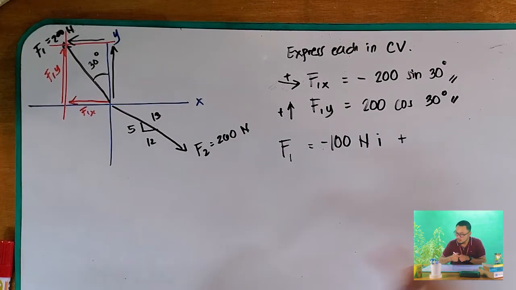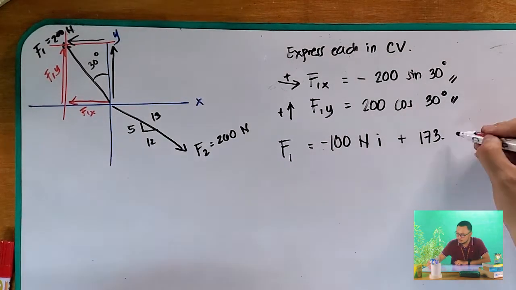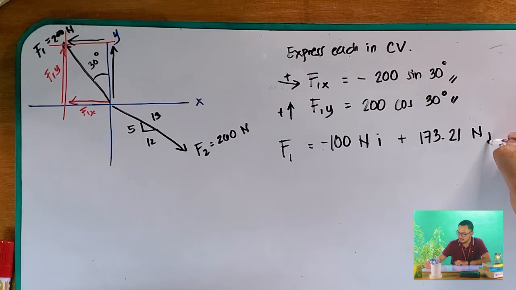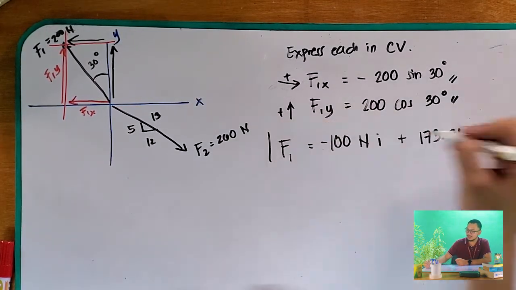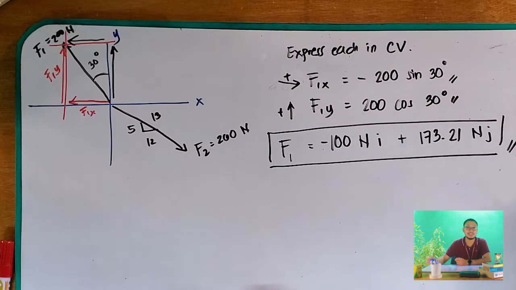This is 173.21 newtons J. So this is your Cartesian vector of your F1. At tutas sa atong F2.